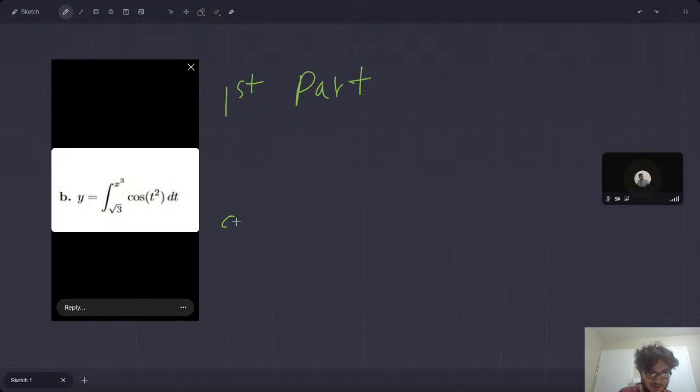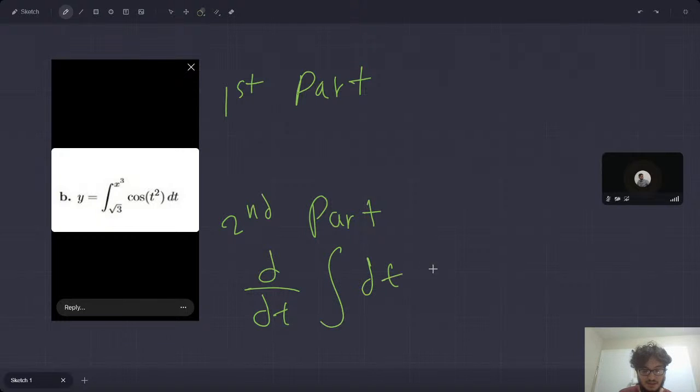And then the second part is that the derivative of the integral is just the function itself. So the derivative of the integral is the function itself.